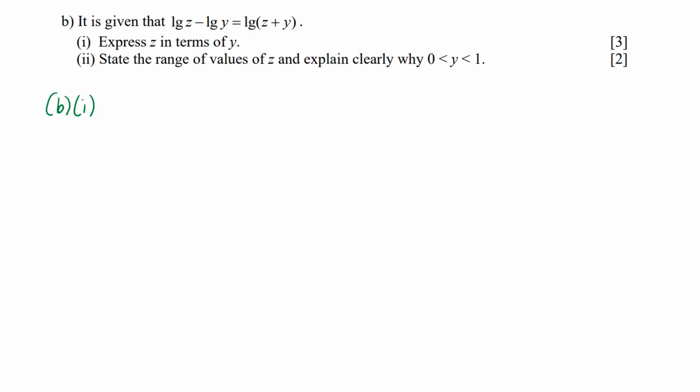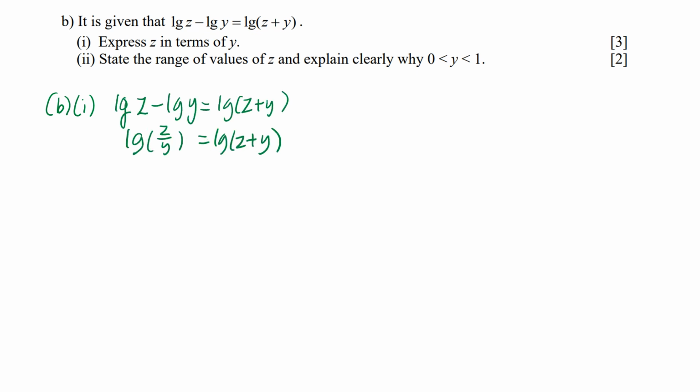B part I is rather manageable. You just need to apply the quotient law on the left hand side. And since we have log on both sides, you can just cancel them. Right, and then for the next step, you just multiply by y on both sides.